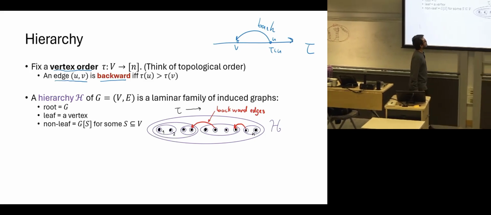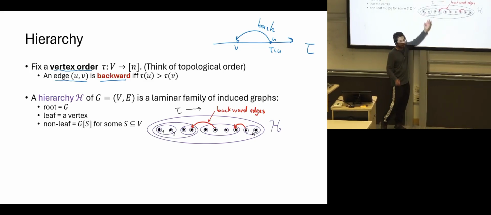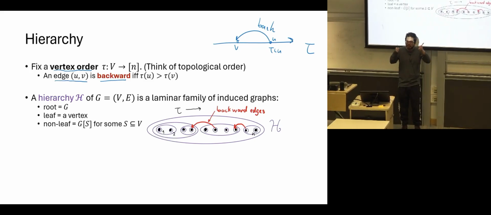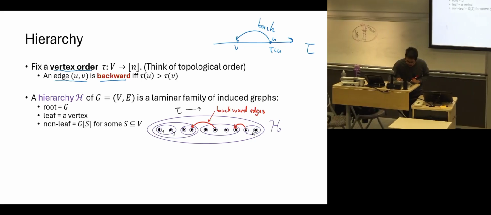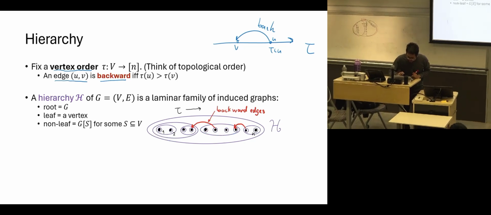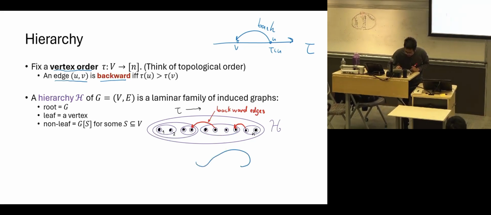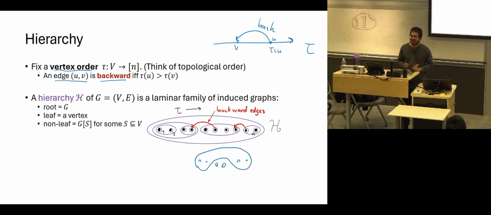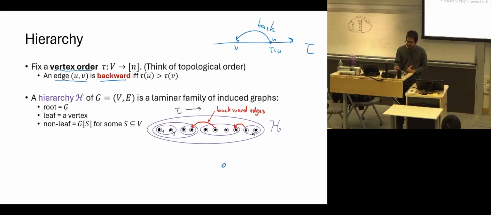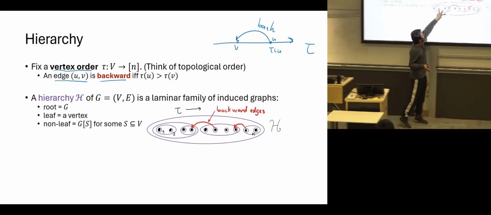You can think of this hierarchy as a set of intervals with respect to tau. So a hierarchy is not going to look like this, where there are things in between. You can draw a hierarchy in such a way that it respects tau, where each set is just an interval in tau.